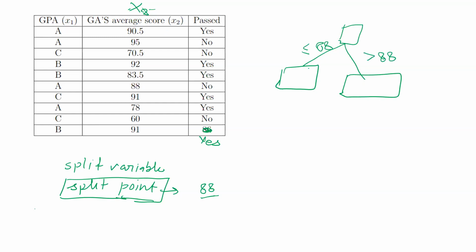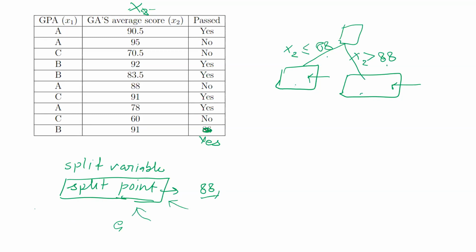So all those examples where x2 is less than or equal to 88 belong to this node, and all those examples for which x2 is greater than 88 belong to the other node. Once we have the data set, we can find the Gini index. For all such possible values you can find the Gini index, and for whichever split point it is minimum, you can choose that as the split point.